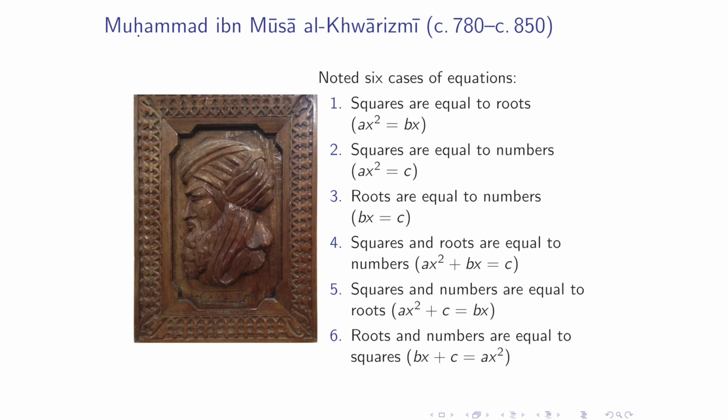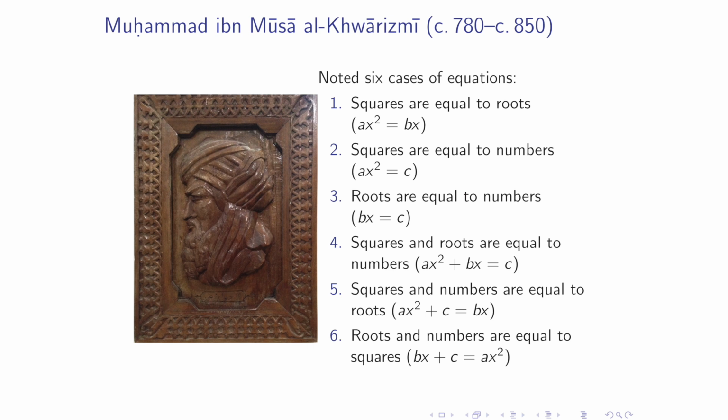So with those restrictions on what you're doing, you can see that we end up having to do a case-by-case treatment of the quadratic equation. So squares equal linear term, square equals constant, and so on. And then, of course, we can roll the linear one in there as the case where the square is zero.